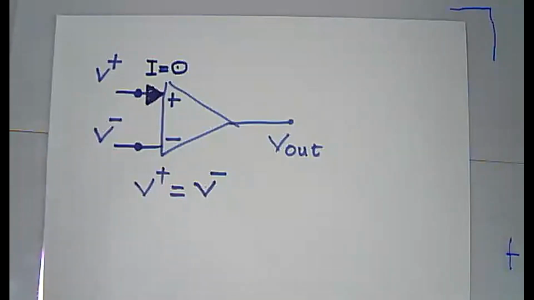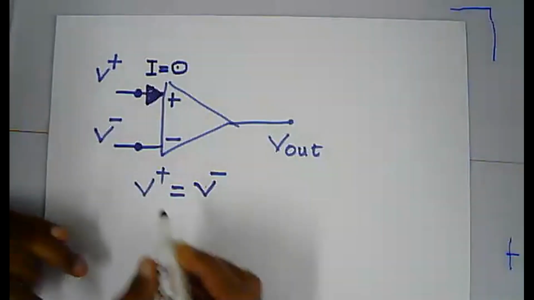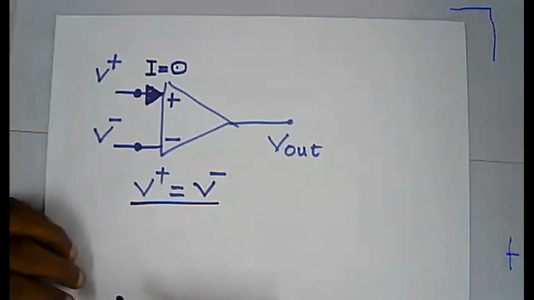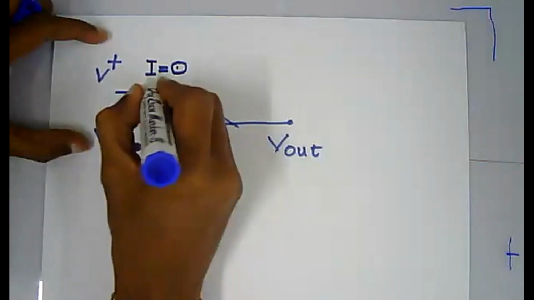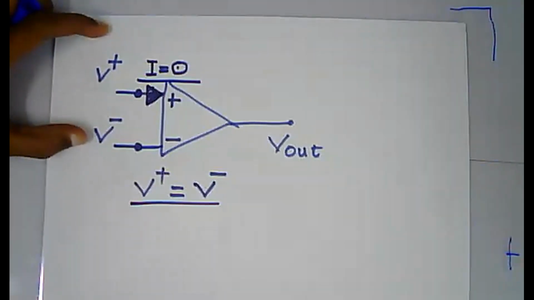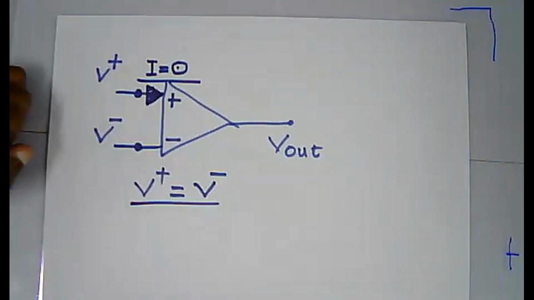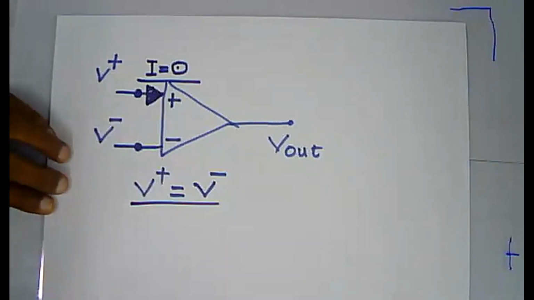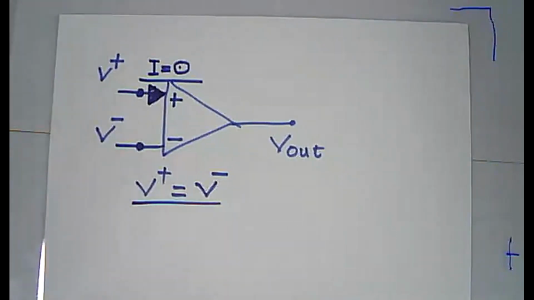You can solve almost every circuit containing an operational amplifier using these two golden rules. Rule number 1 is V plus is always equal to V minus, and rule number 2 is that the current going inside the operational amplifier is always 0.